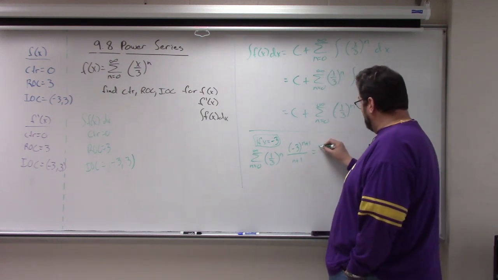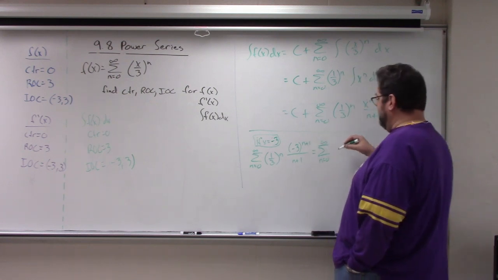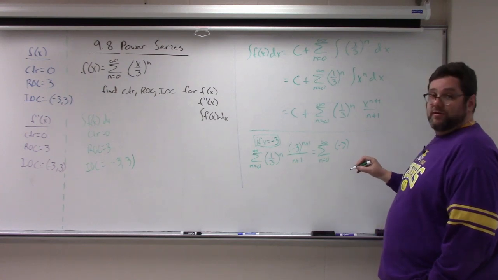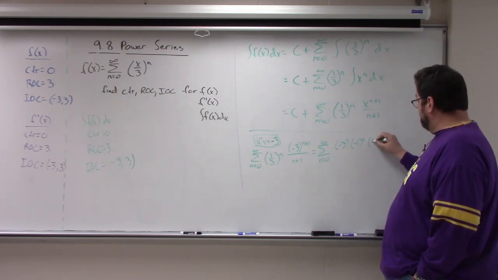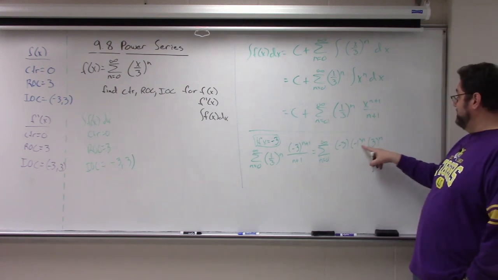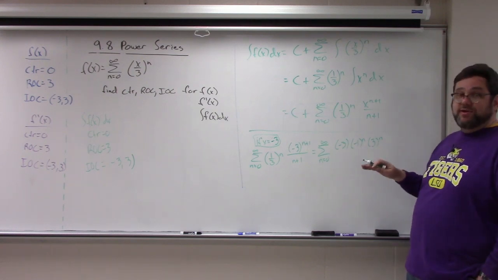And I'm going to do a couple of things here. Now, I'm going to say this is negative 3, all right, times negative 1 to the n times 3 to the n. And if you multiply these two things together, negative 1 to the n times 3 to the n, you get negative 3 to the n.